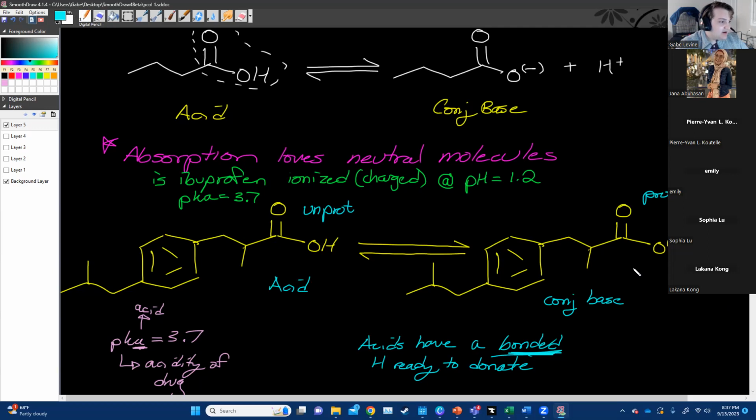Which one's the acid? The one on the left, the one with the OH. So this would be described by a pKa, because it's the acid.